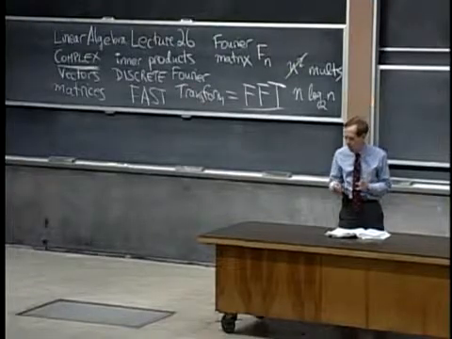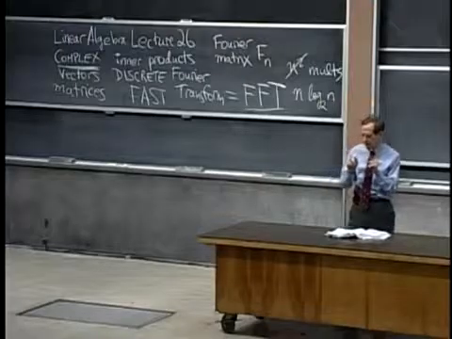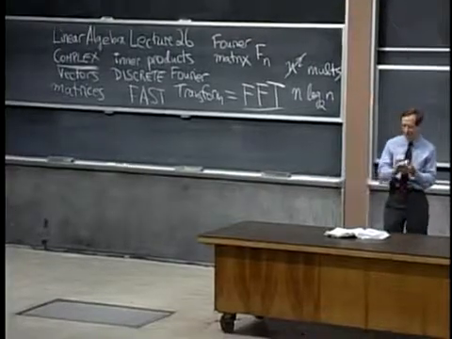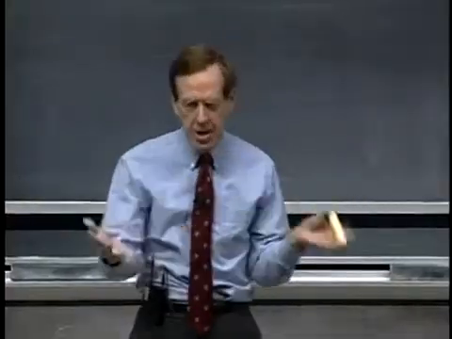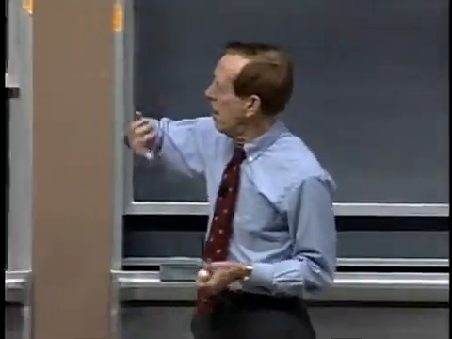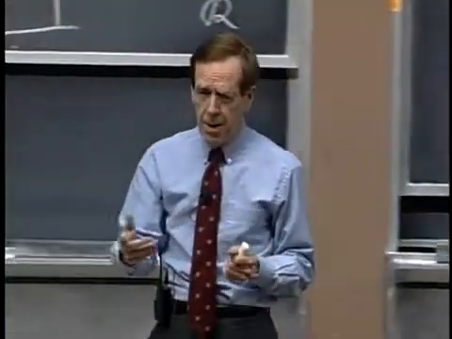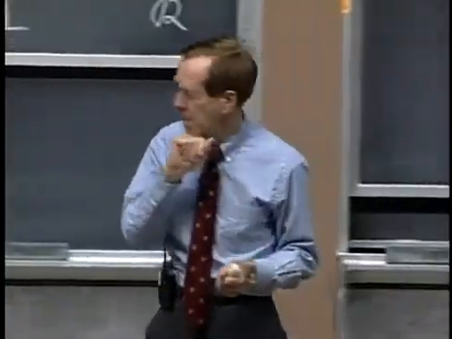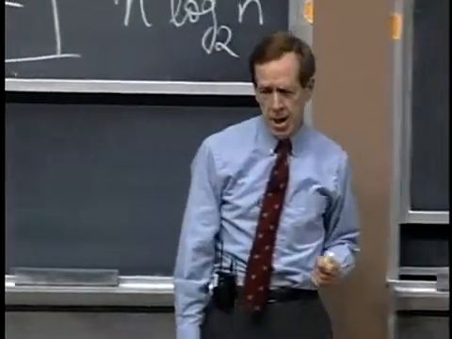Everybody realized gradually that this simple idea, you'll see it's just a simple matrix factorization, but it changed everything. Okay, so I want to talk about complex vectors and matrices in general, recap a little bit from last time, and the Fourier matrix in particular.